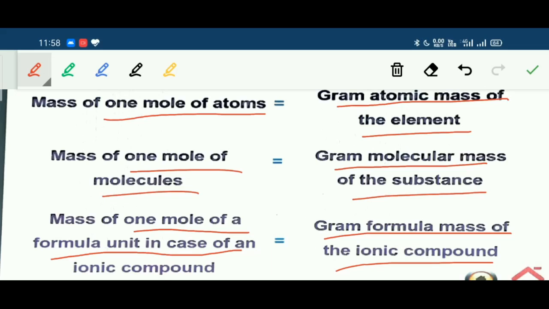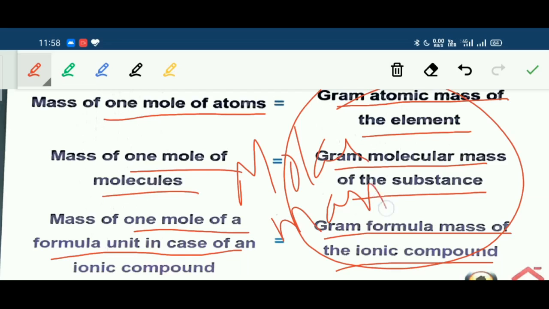And students, we know that mass of 1 mole of a substance is called molar mass. That means all these three terms, that is gram atomic mass, gram molecular mass and gram formula mass, represent molar masses.